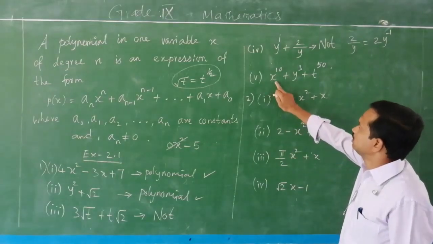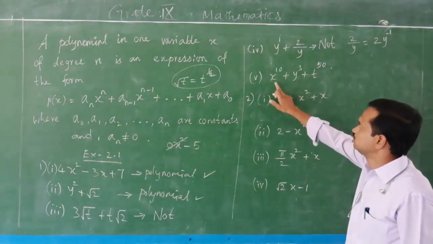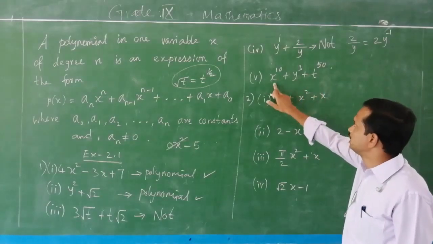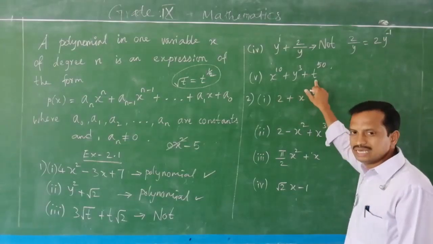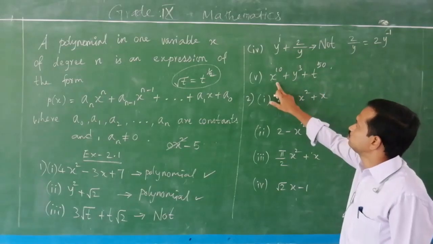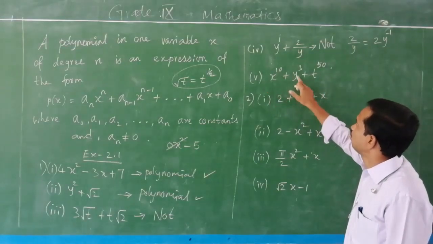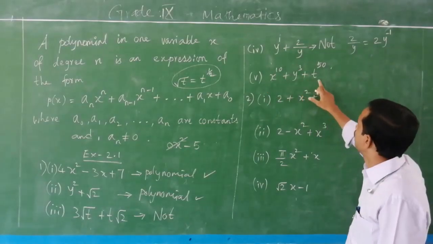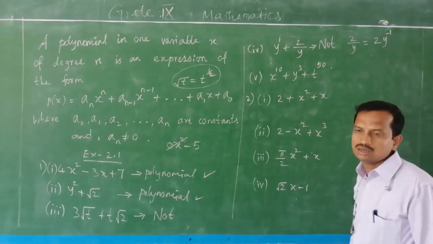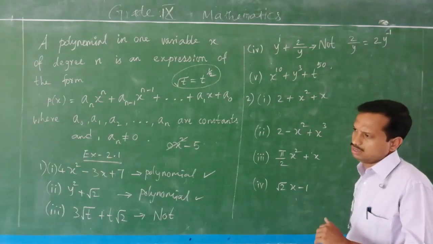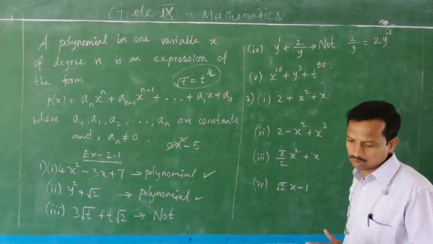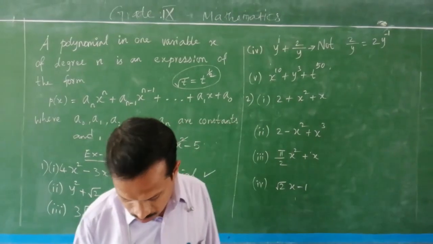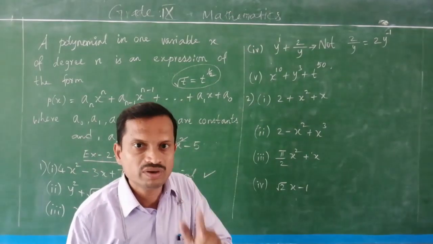And option 5, you see the variables are different. It is not in one variable. x is there, y is there, p is there, with exponents x power 10, y power 3, and then p power 50. So it is a polynomial but not in one variable. The question asks which of the following are polynomials in one variable.